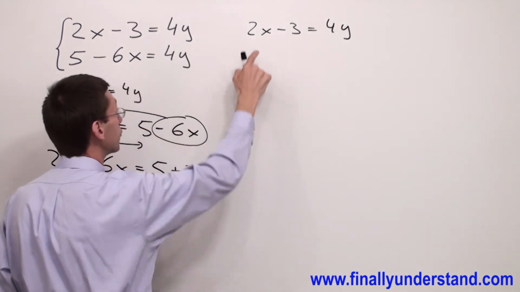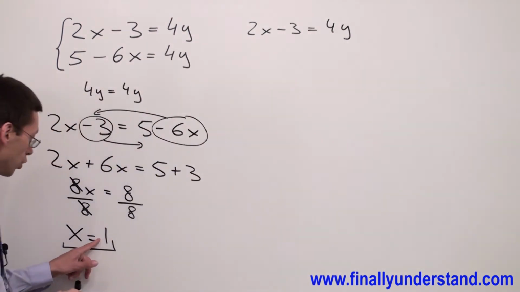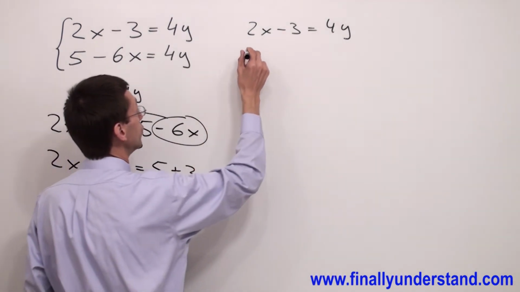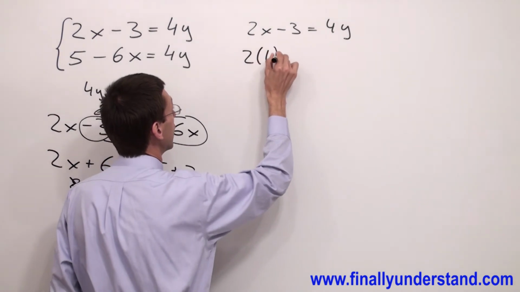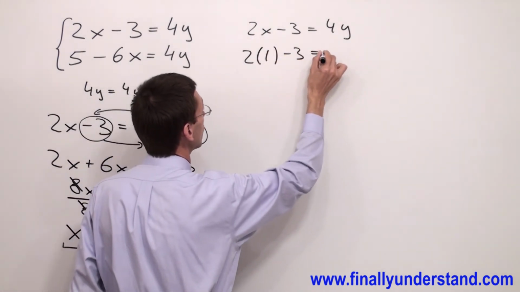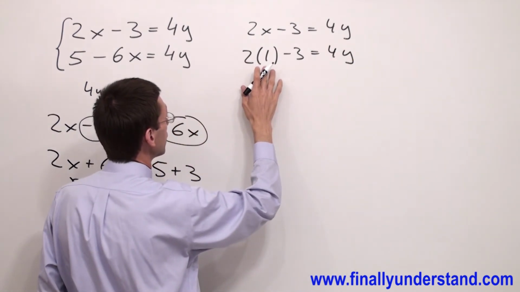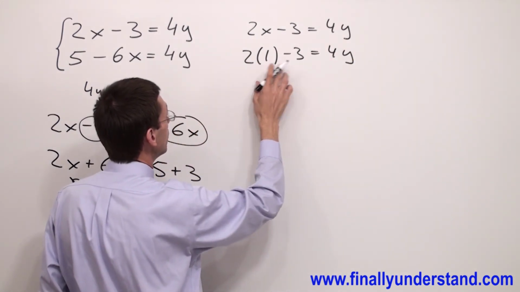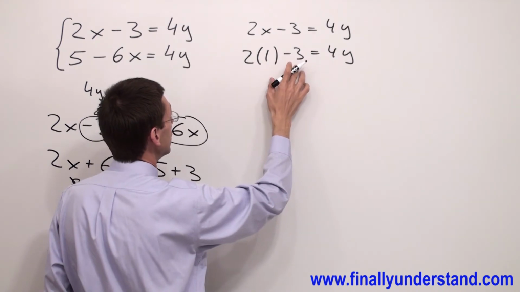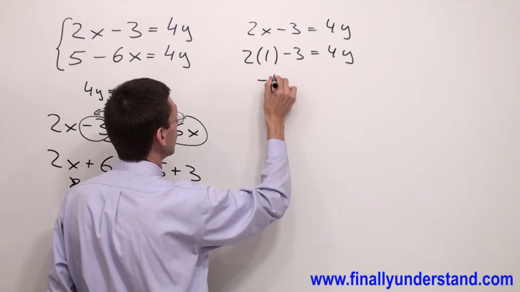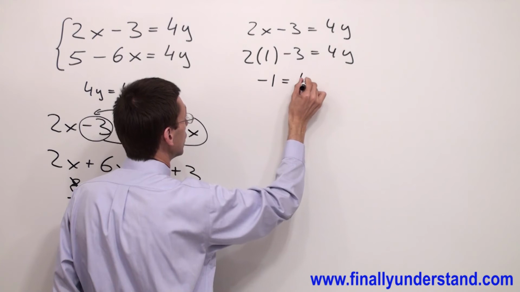We said instead of x, I'm going to write down 1. So I have 2 times 1 minus 3 is equal 4y. 2 times 1 is equal 2 minus 3 is equal negative 1 equals 4y.